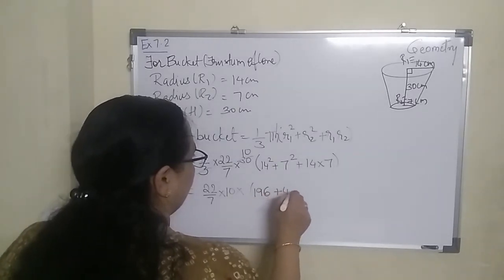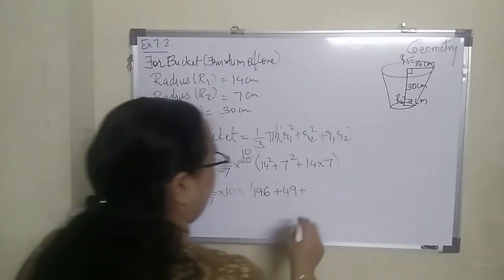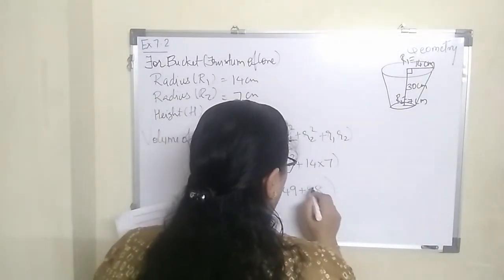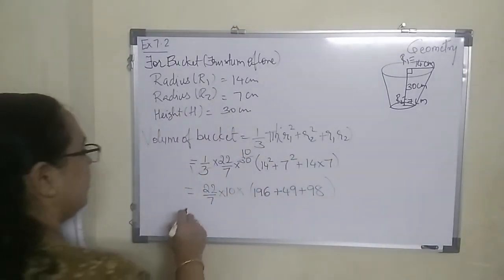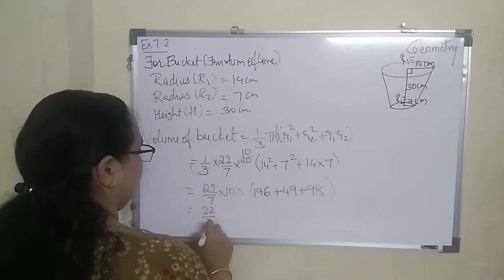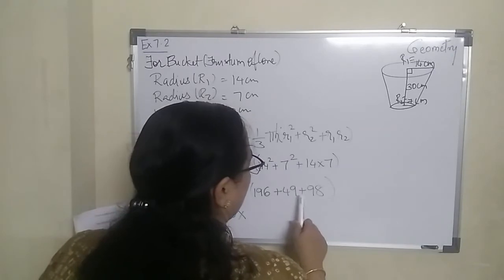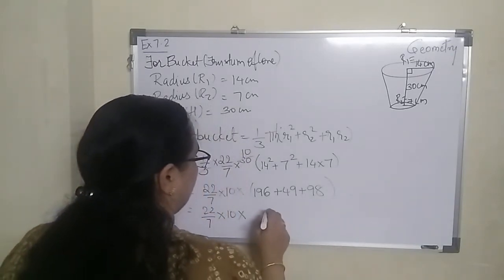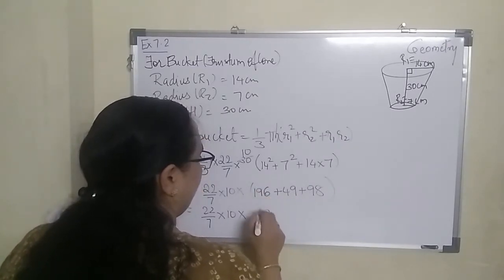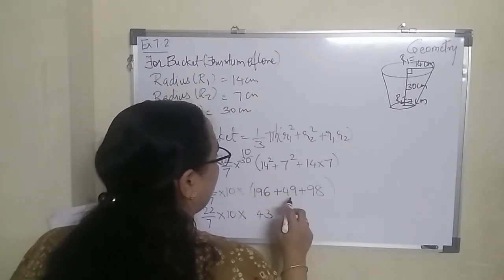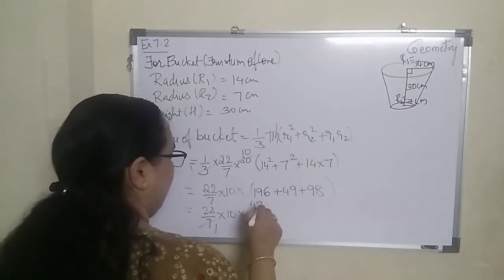196, 49, and when we multiply 14 by 7, what do we get? 98. So when we add them, we get 22 upon 7 into 10 into 343.